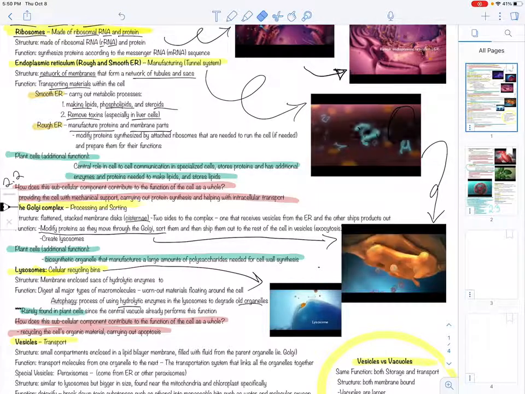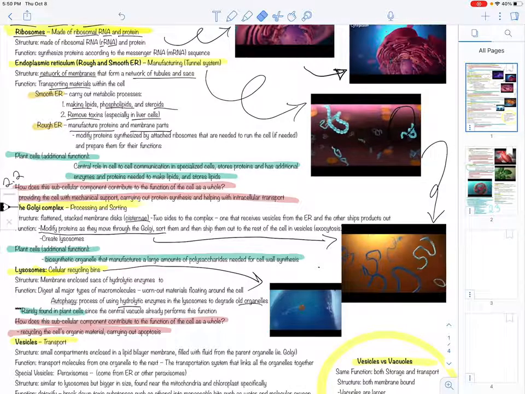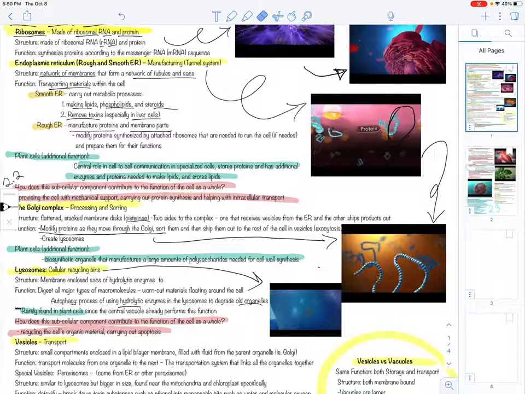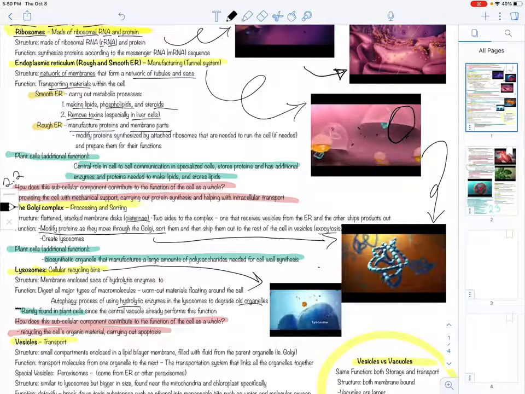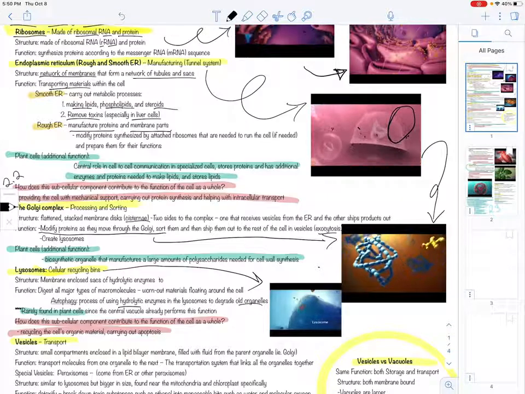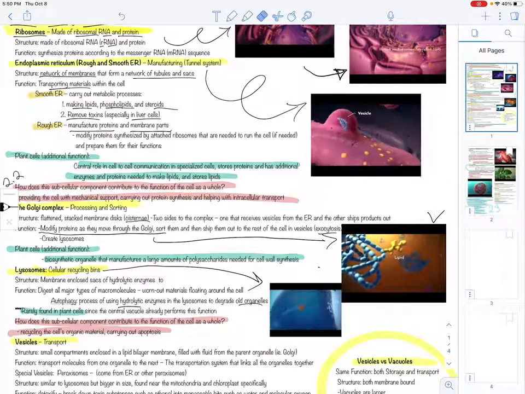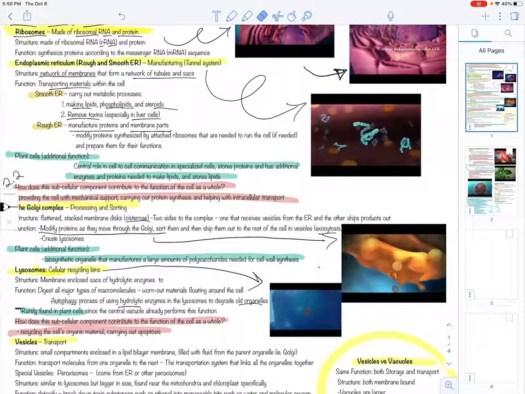Okay, so once it modifies and sorts them, it ships them out to the rest of the cell in vesicles, and that process is called exocytosis. And those vesicles are going to look just like the vesicles they were brought to the Golgi body in by your endoplasmic reticulum.